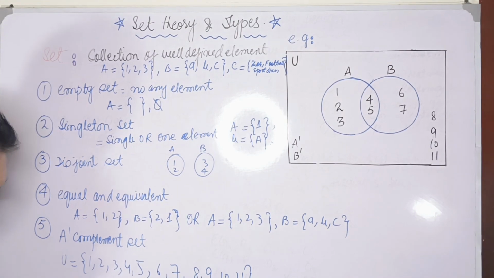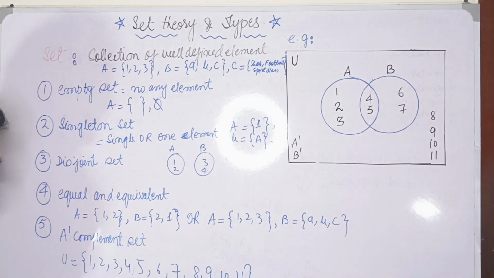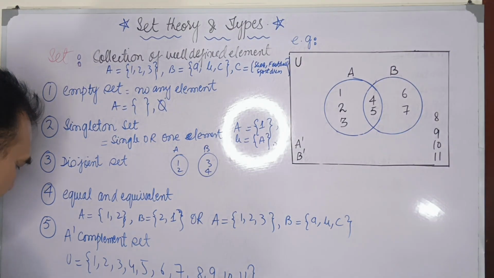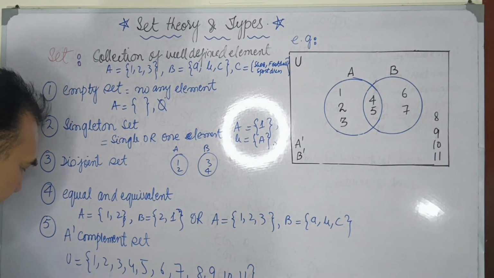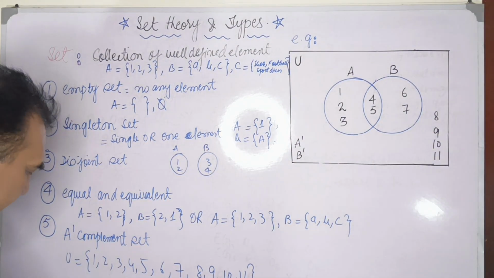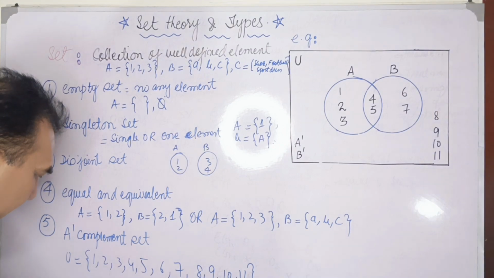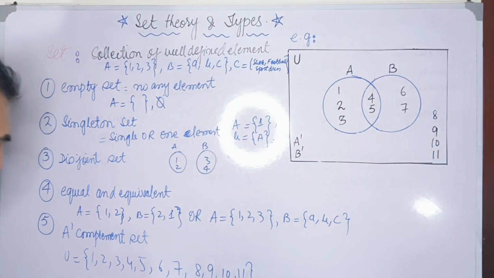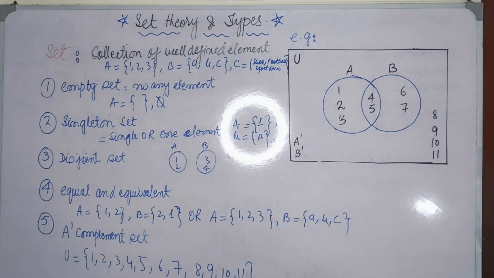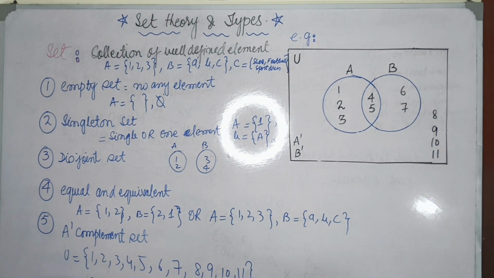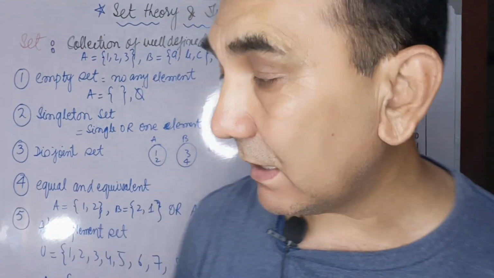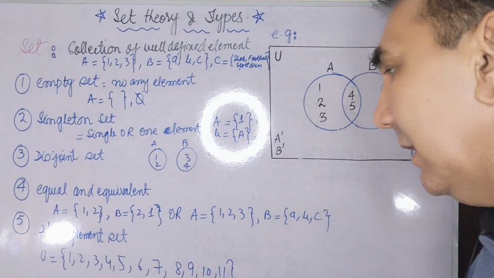Now we subtract these elements of the A set from the universal set, so it will be the complement A. Now 6, 7, 8, 9, 10 and 11, this is the A complement set. We subtract the A elements from the universal set, then we can say this is the A complement.